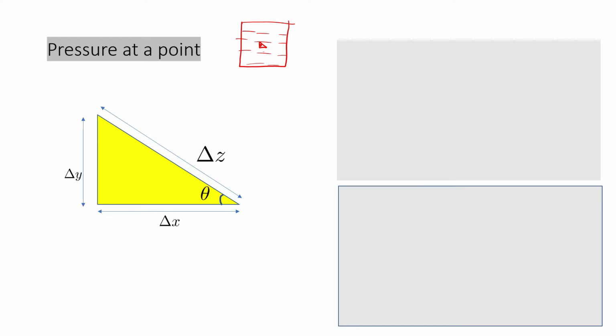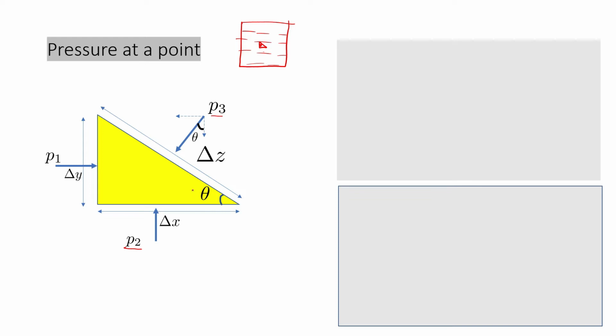So what are the various forces acting on this fluid element? In the y direction you can see there is a pressure P2, in the x direction you have a pressure P1, and in this direction you have a pressure P3, that is perpendicular to the plane.